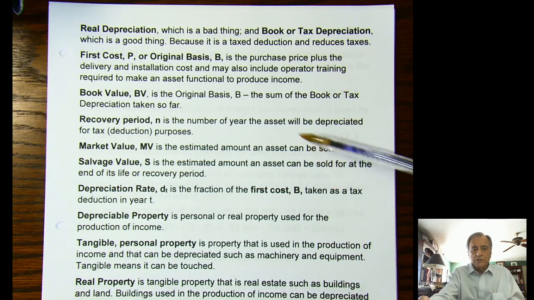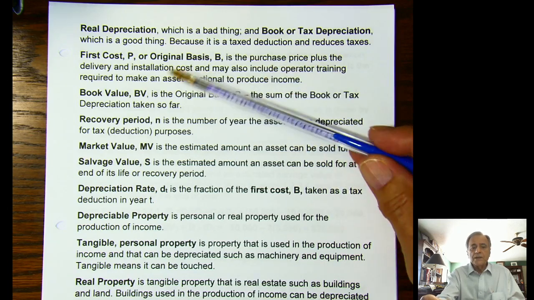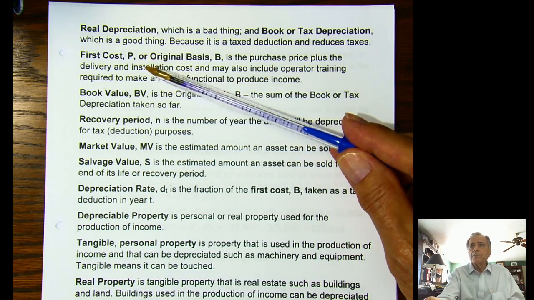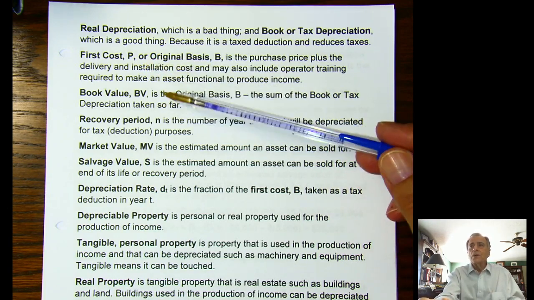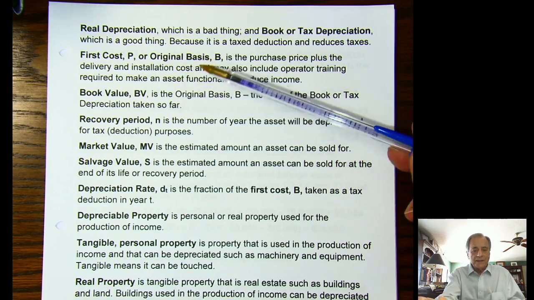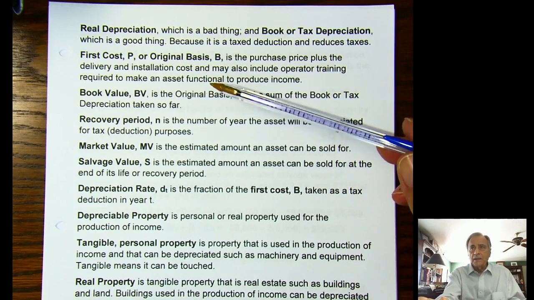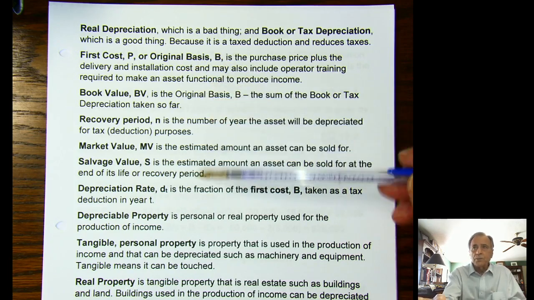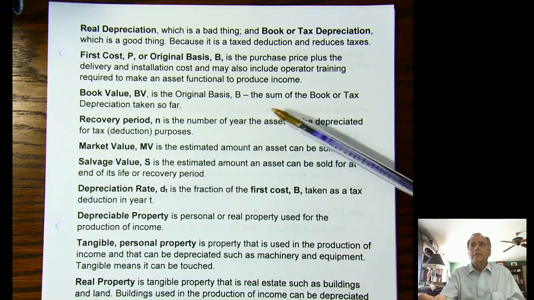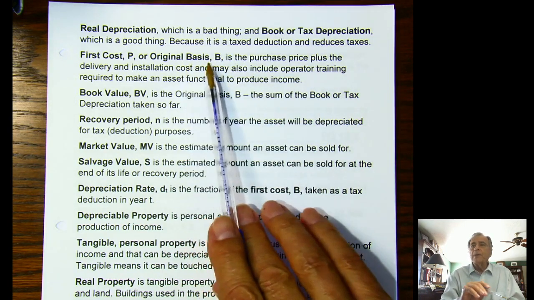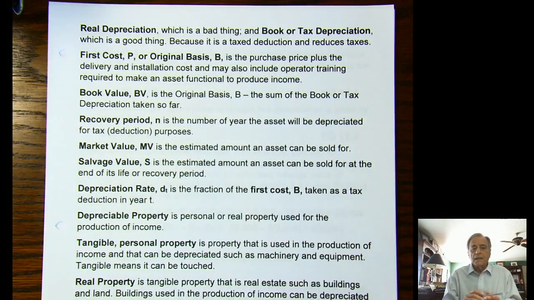So additional definitions. The first thing here, we've always dealt with P as a present value or the cost of something right now. In depreciation accounting, that's called the original basis, B. Now, the original basis includes more than just the price tag of, say, a piece of equipment.